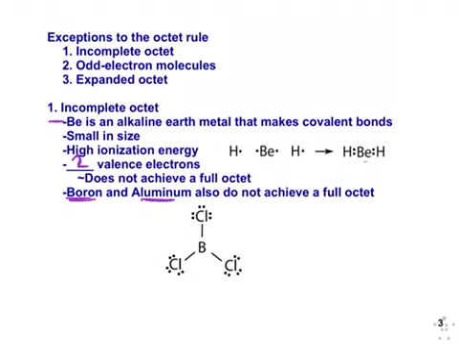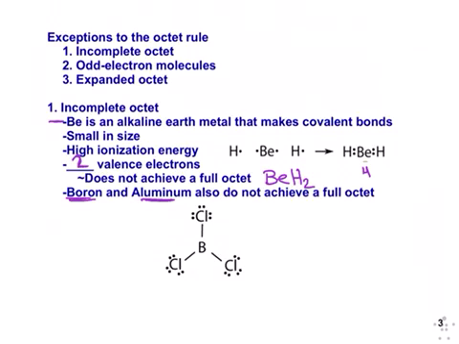So here, if we're making beryllium hydride, there are just not enough electrons available. Beryllium is satisfied having only 4 instead of a complete octet.